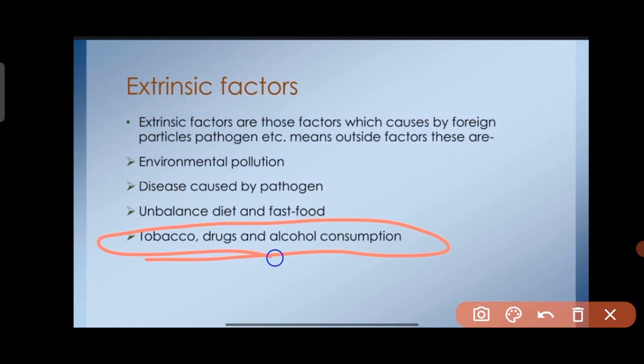Then the malfunctioning of body organ parts, like a defect in the heart. Malfunctioning means that the organ is not developed, or it is imperfectly developed. If the organ is not working properly, then we can say it is a type of defect, right? If there is a heart defect or any other organ defect, then we can say that is an intrinsic factor.